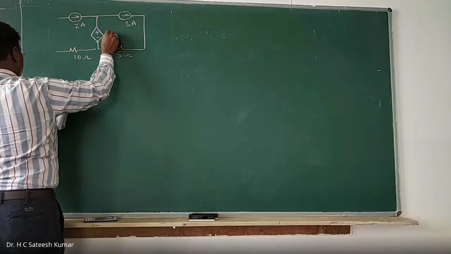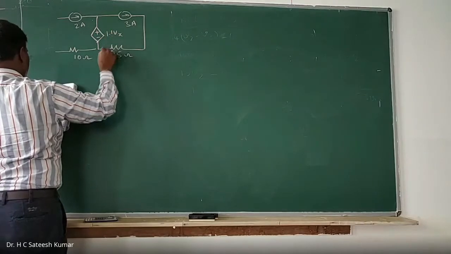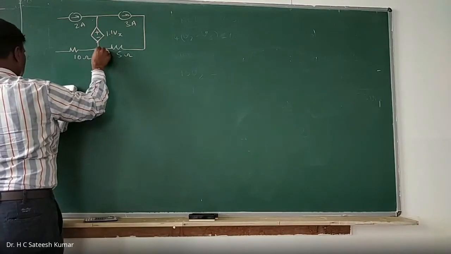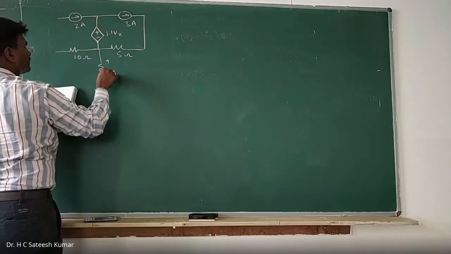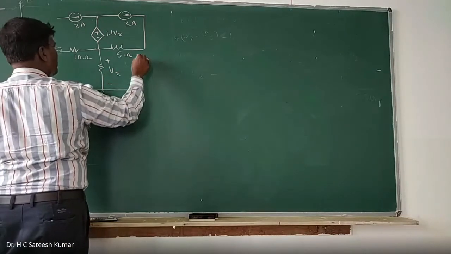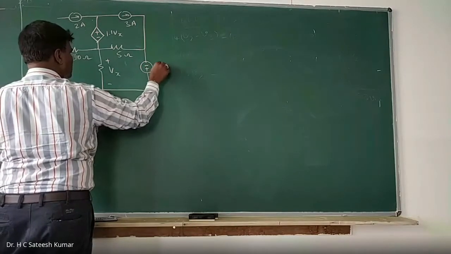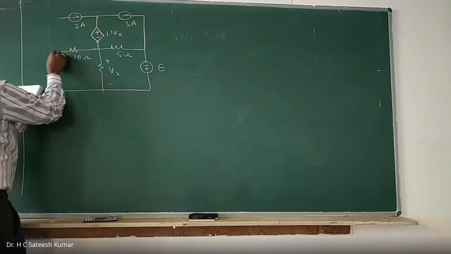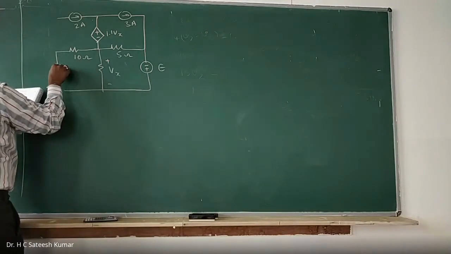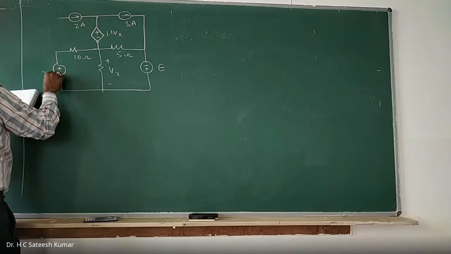This is 1.1 Vx, and this is plus minus Vx, and minus plus, this is E, and this voltage is plus minus 24 volts.